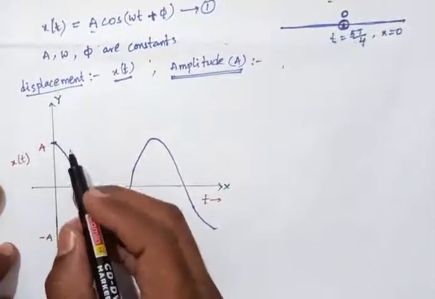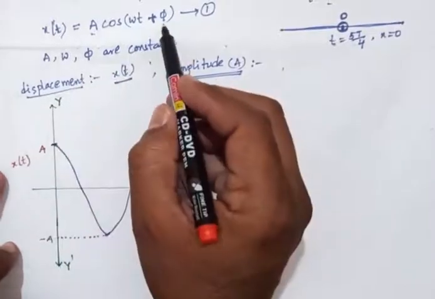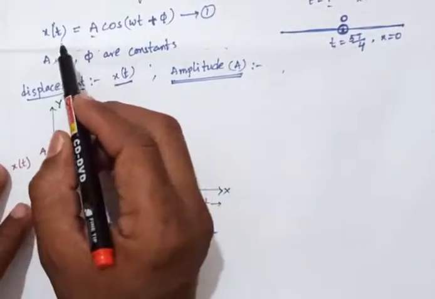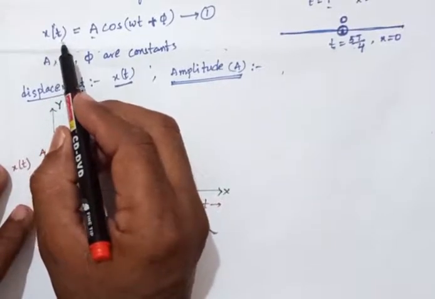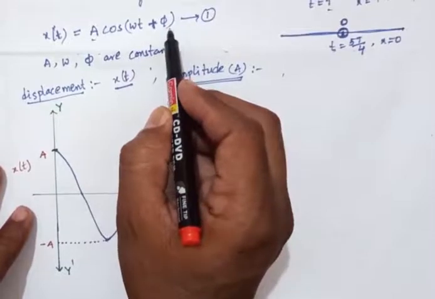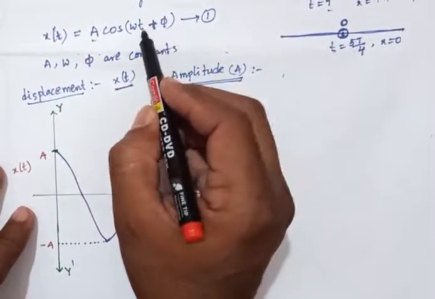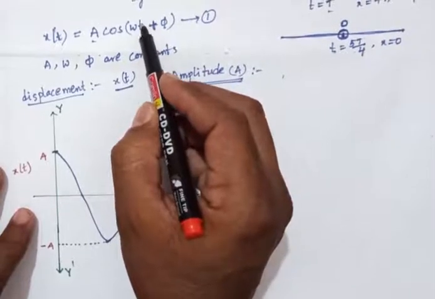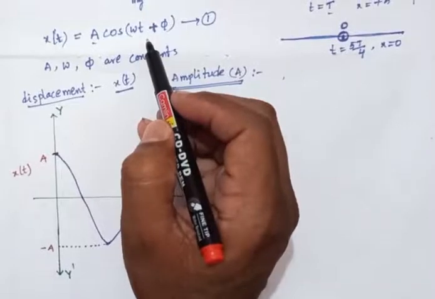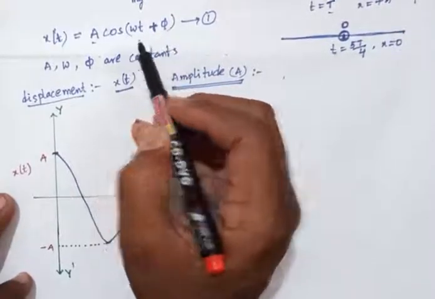So next, what is the displacement equation? In simple harmonic motion, the displacement of a particle is x of t equals a cos(omega t plus pi). This equation depends only upon the time, at instants t equals 0, 1, 2, 3, 4, and so on.